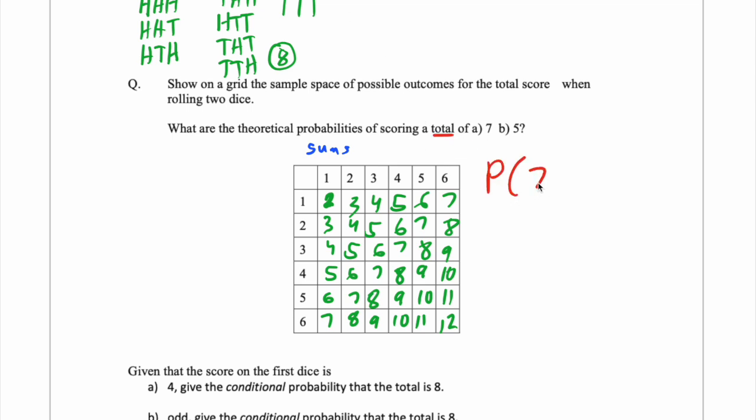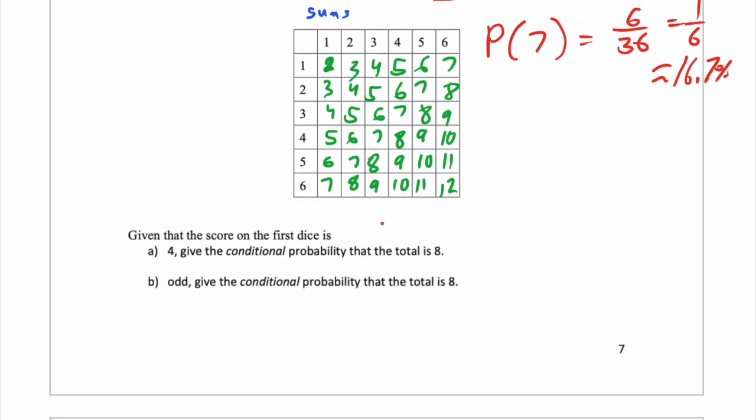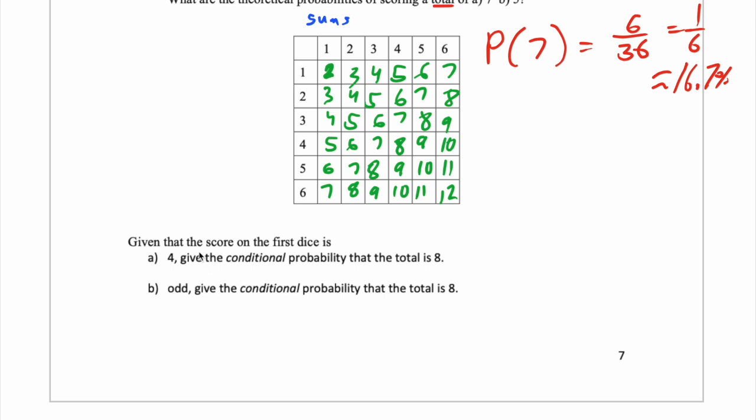You can just count the possibilities, and there are 6 of them out of 36. It's the most likely outcome when you roll 2 dice, which is why it's called lucky number 7. So that's 1/6, or approximately 16.7% if you like percentages. It's important to know this little grid when you're doing dice probabilities.